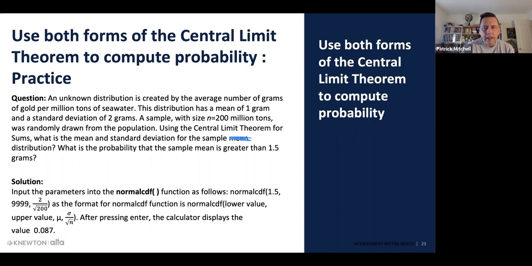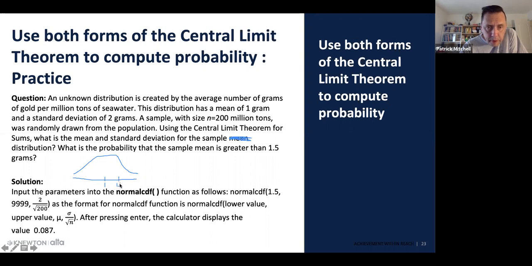Again, they are using the calculator. The way that we would normally do it is we would draw our normal distribution with a mean of 1. And they want to know what's the probability that the sample mean is greater than 1.5.